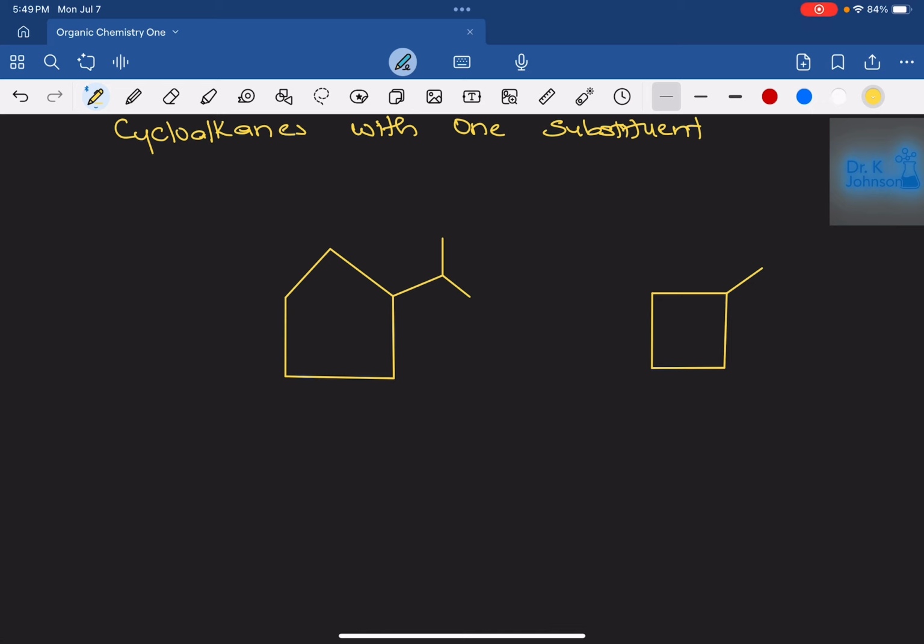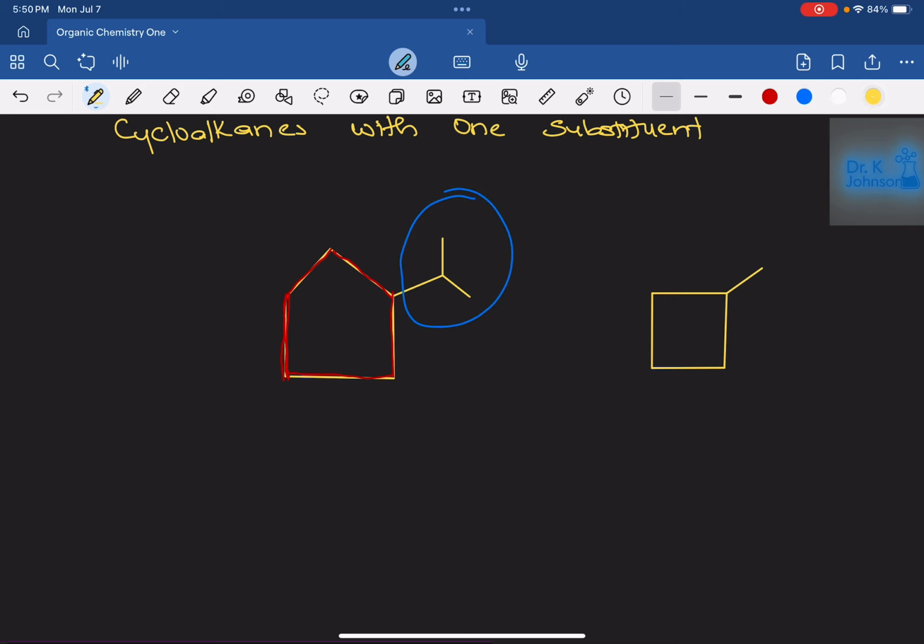Because that's where your parent name is going to come from. So let's highlight our ring. You should recognize already that this is your ring, or your polyhedron. And it has 5 carbons, so that's the ring. And then this is the one substituent.